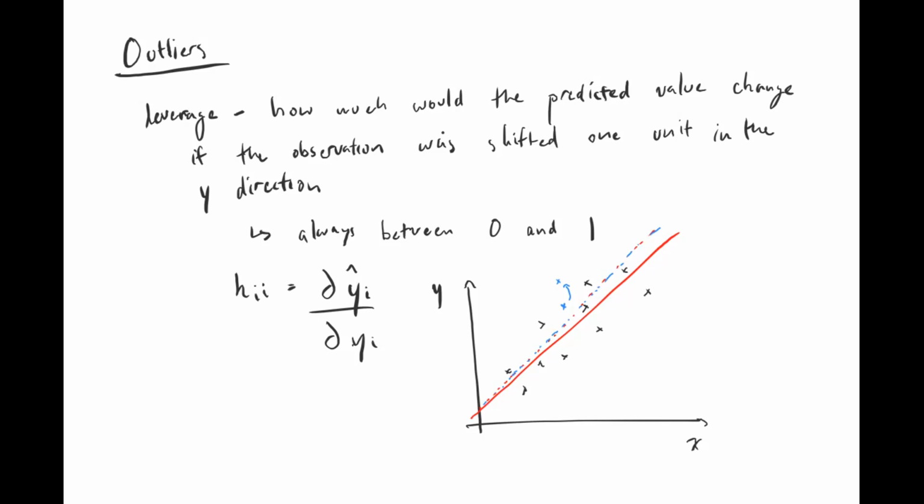For example, if you had a point way out here that went up, that may have a somewhat larger effect on your regression. And so the amount of leverage that a point has can be one criterion in determining whether or not that point is an outlier. And again, we're going to look at this in practice in a moment.